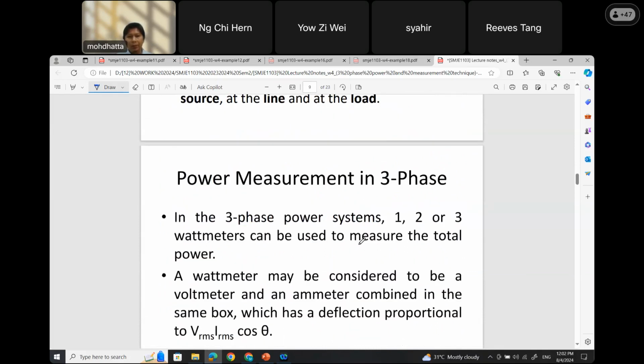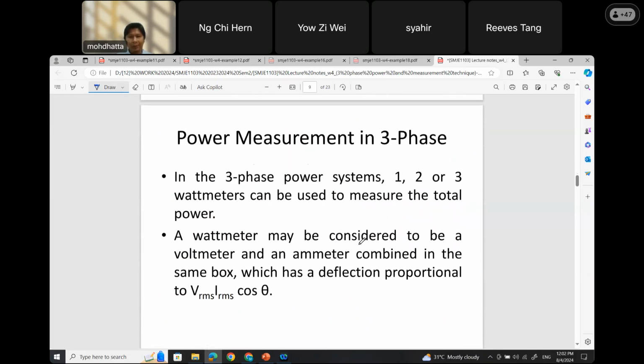Okay, we get into the second part of the session, which is power measurement, three-phase power measurement. As I mentioned early in the session, a three-phase power system can use a single watt meter, you can use 2-watt meters, and of course, it is obvious that since we have three phases, we need 3-watt meters in order to get the power for the three-phase power information.